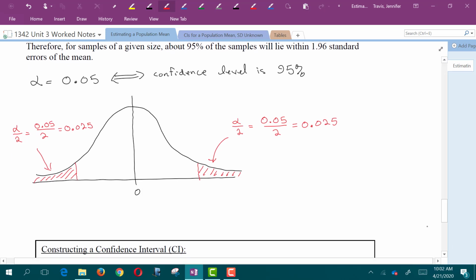So if we look at this curve, let me label it a little better here. This area right here is going to be 0.95. Okay.